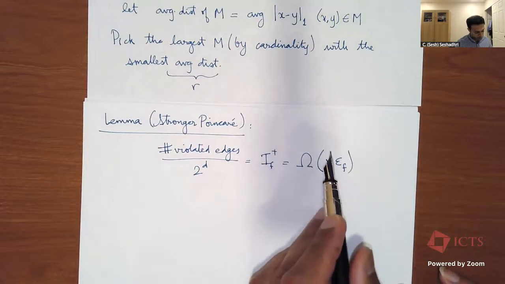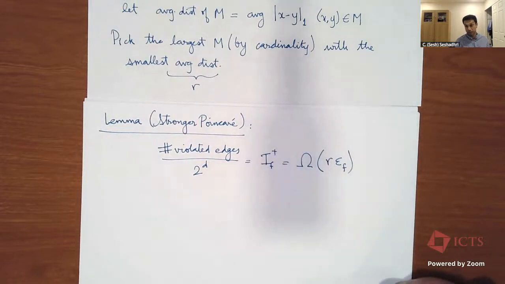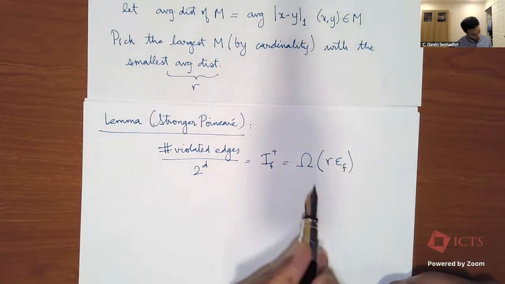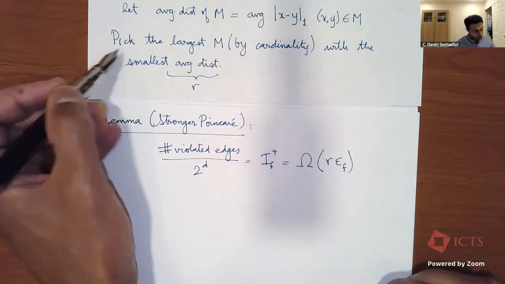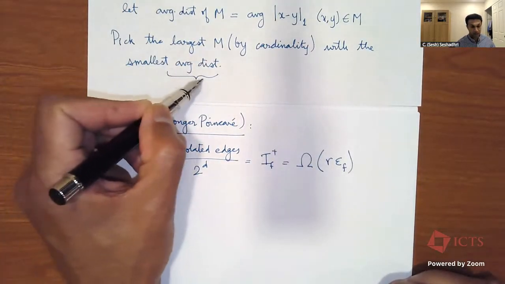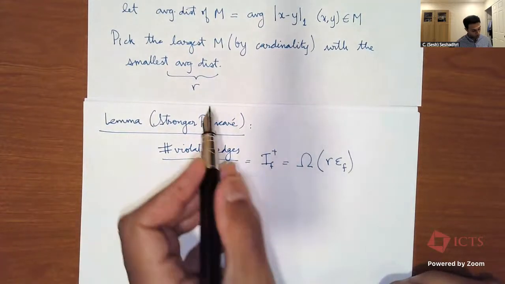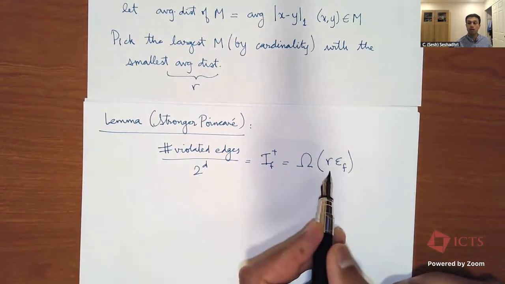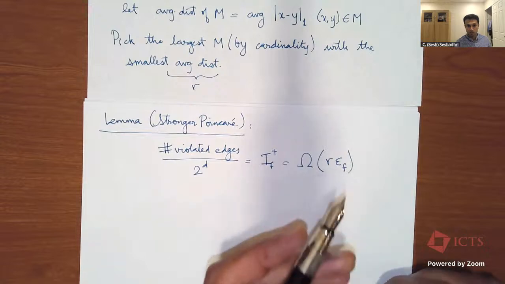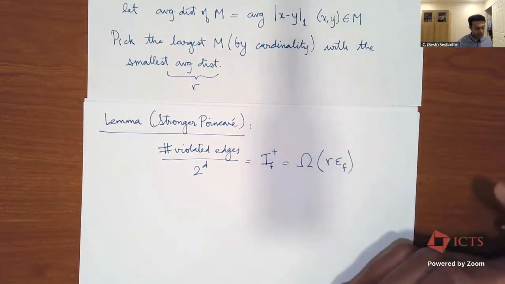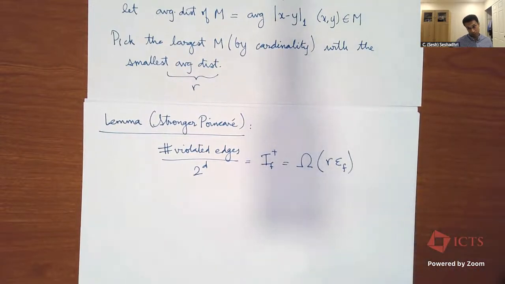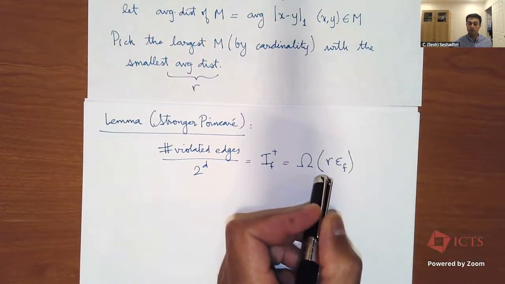Remember, Poincare just said it was omega epsilon f. But what I'm claiming is if you pick the largest matching with the smallest average distance, then whatever that distance r is, you actually get to multiply by r. So if it turns out that the smallest average distance is large, then actually the influence is more than that.